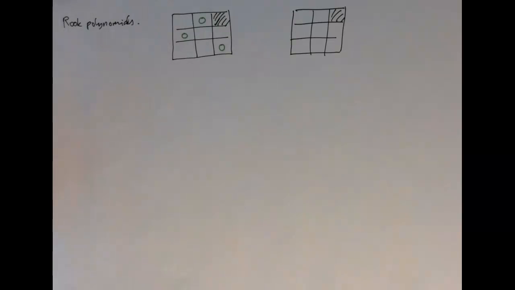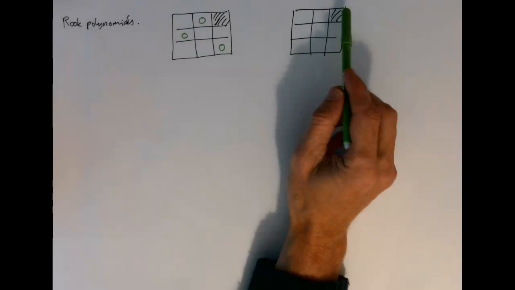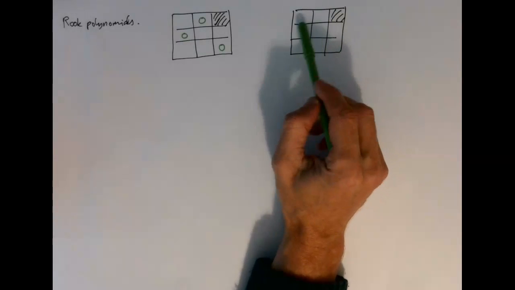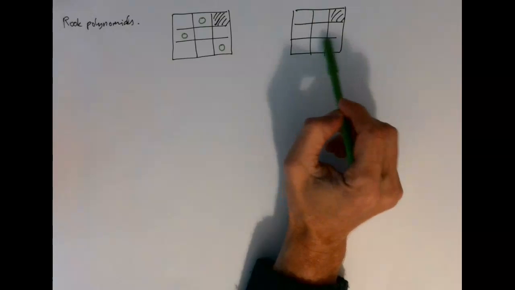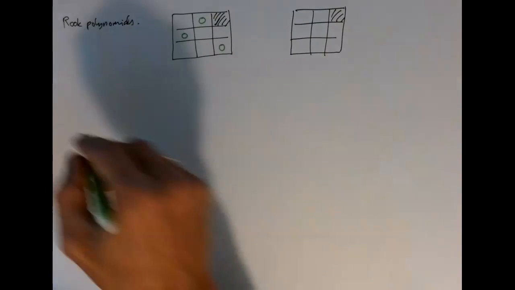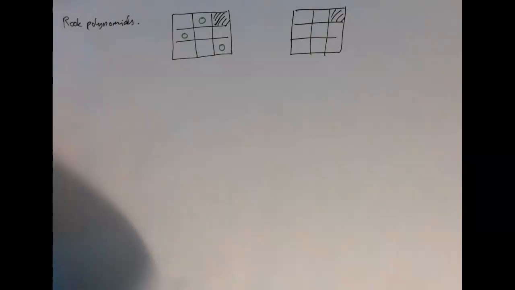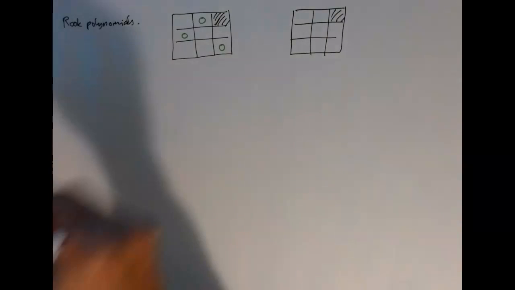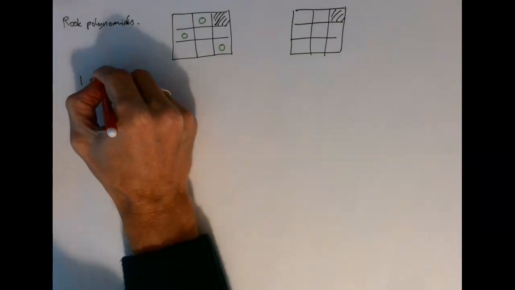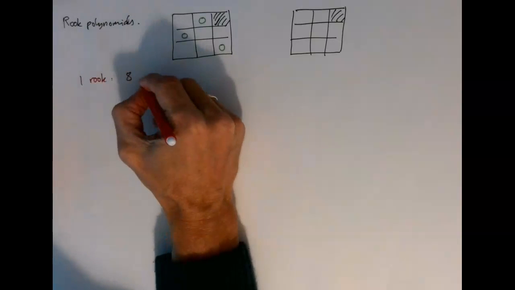If we place one rook, then this issue about not having two rooks in the same row or the same column just happens automatically. There's nothing going on there. So we just get to place one rook in any one of these squares. How many are there? 1, 2, 3, 4, 5, 6, 7, 8 squares. So we can say placing one rook has precisely 8 possibilities.